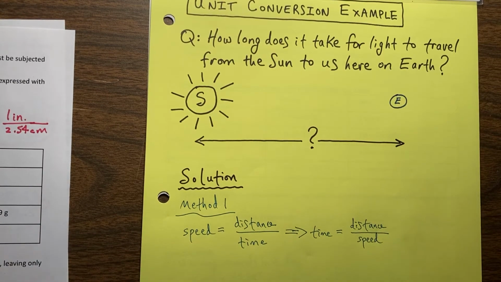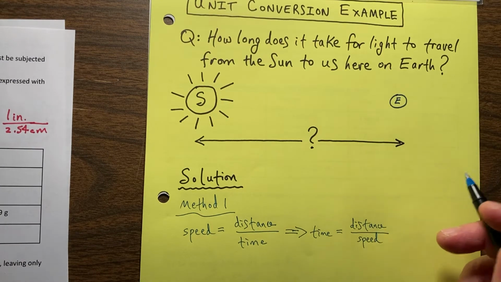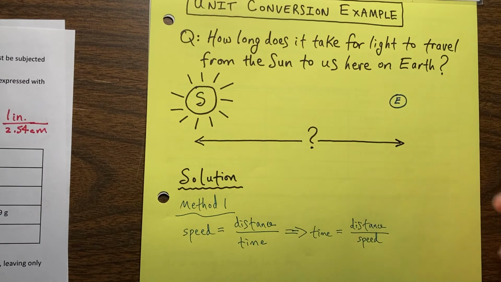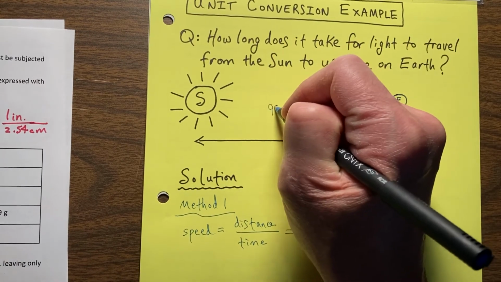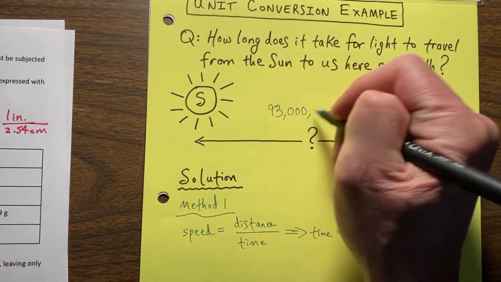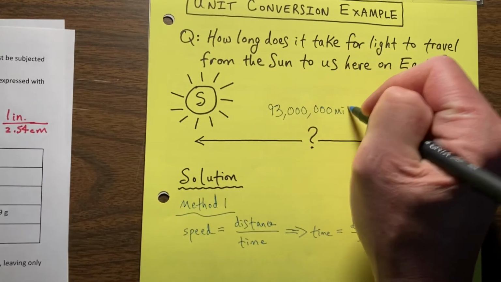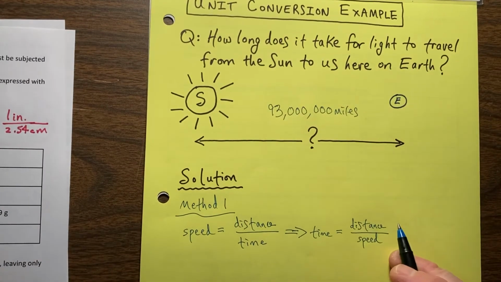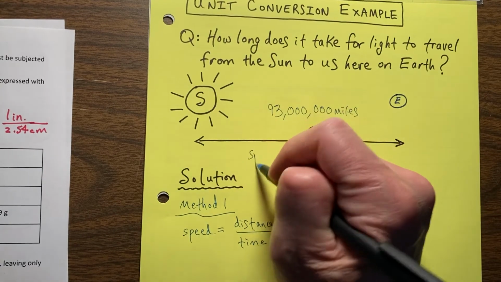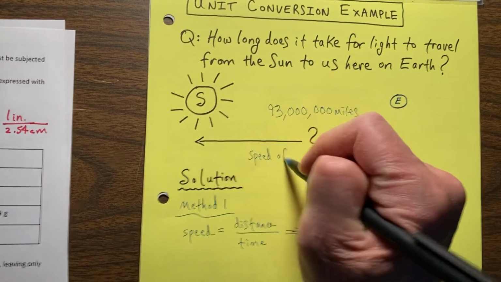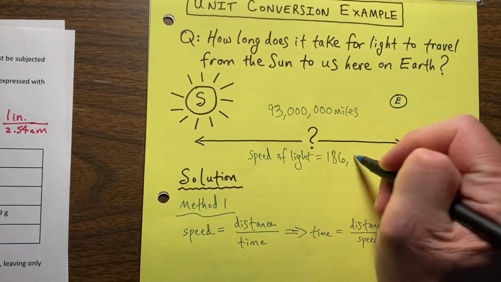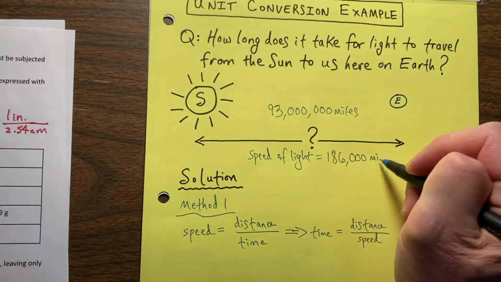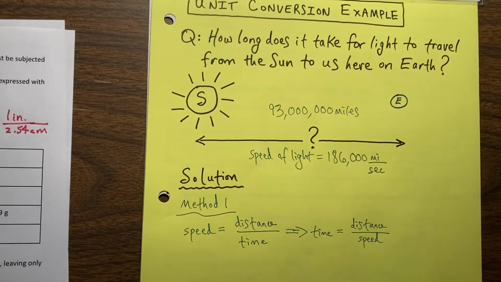And now I'd say, okay, what's the distance? Well, you'd be given that the distance between the sun and the earth is known to be about 93 million miles. And the speed of light we know to be approximately 186,000 miles per second.